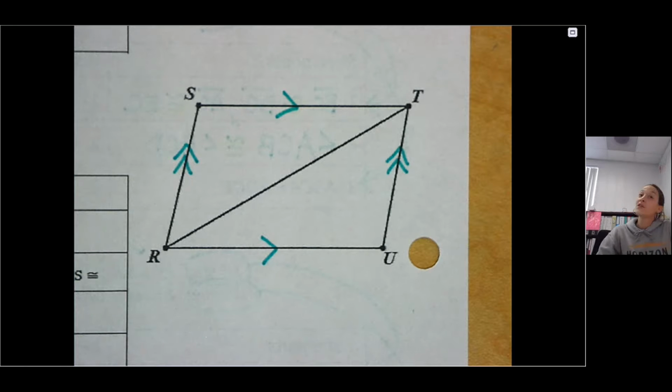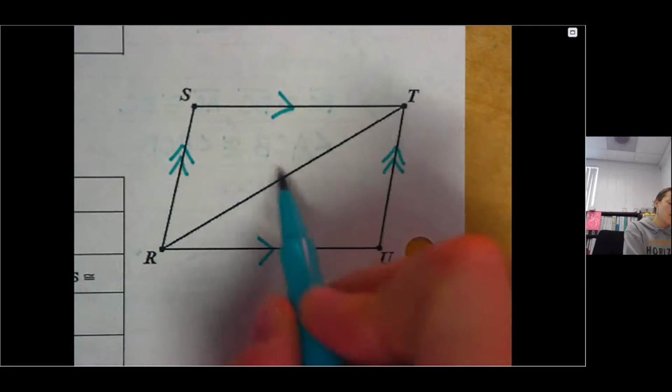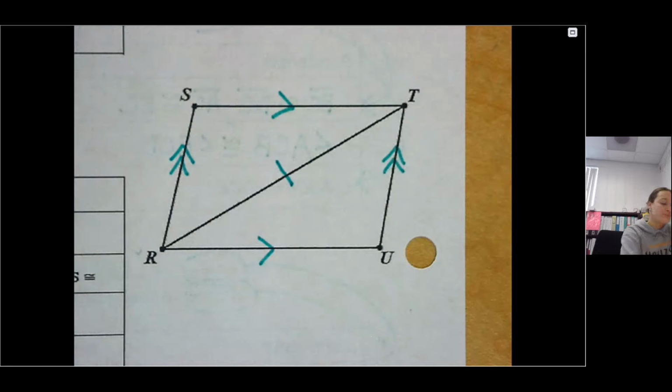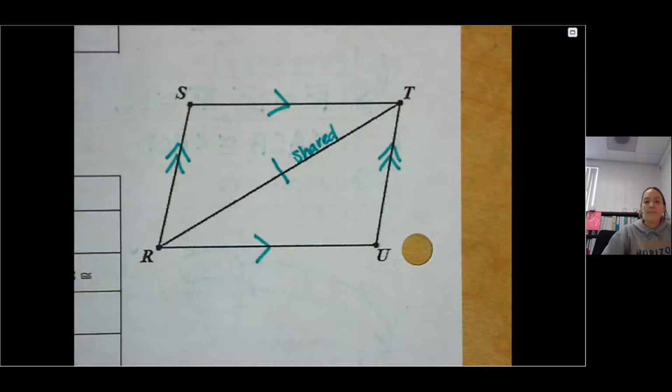Okay, now, that's all that's given to you. What can you mark in this picture? The shared side. Boom, which one? RT, shared side. Do it. There you go. Okay. Now, what else can you mark in this picture that's not given to you? The alternate interior angles. Beautiful.